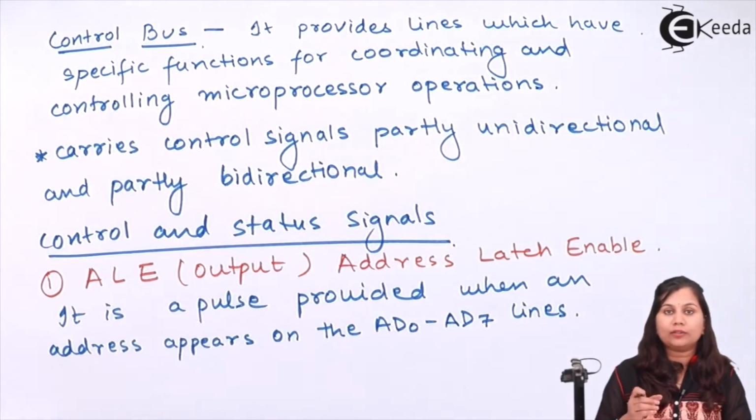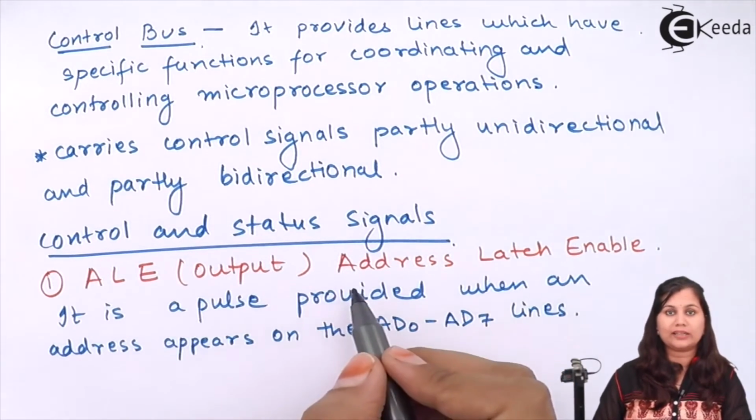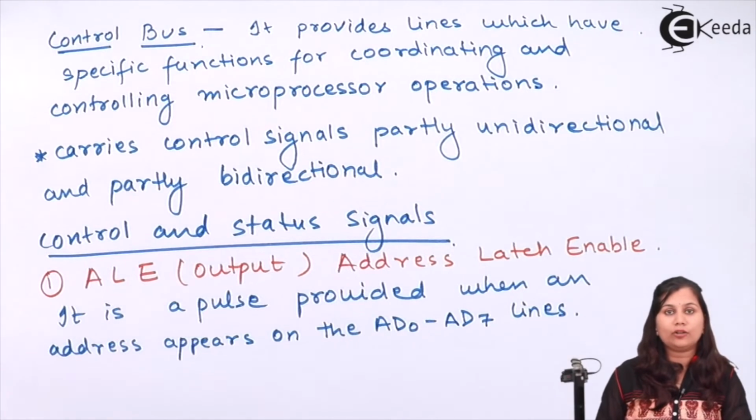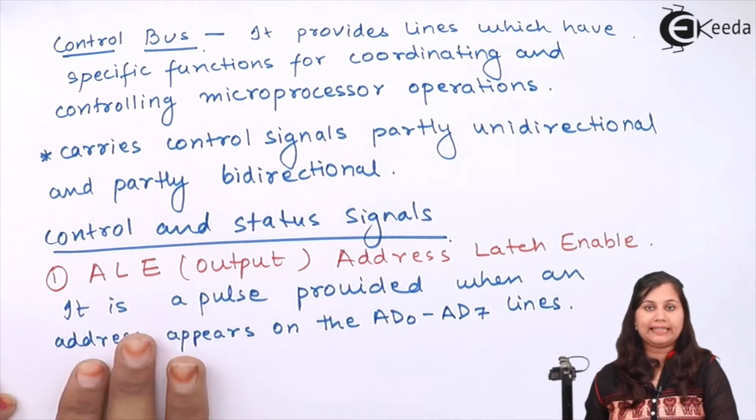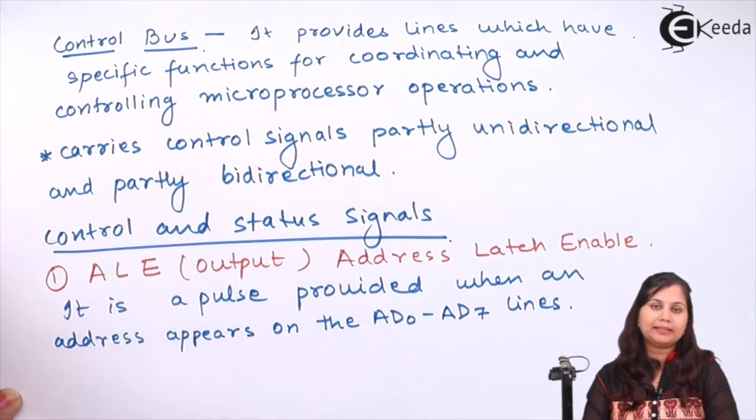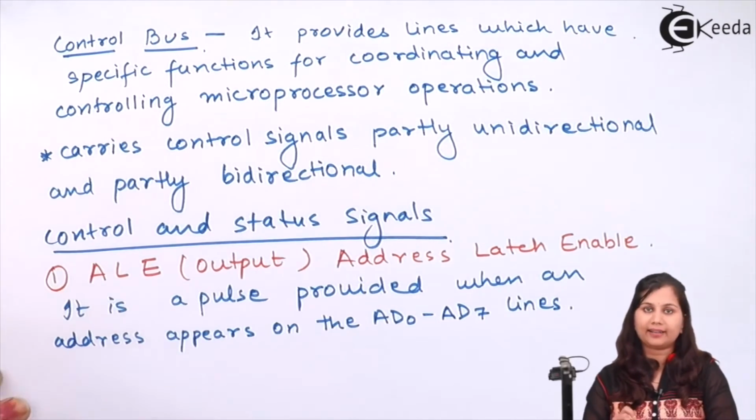As I have said, on the 8 lines A0 to A7, the lower order address bus is multiplexed with the data bus. That is, on these 8 lines, both the address and the data can come. So the microprocessor will see this address latch enable signal. When it is 1, that is when this pulse is given, it means that AD0 to AD7 has the address, and when it is 0, it means that data is available on those lines. Next signal is RD bar.